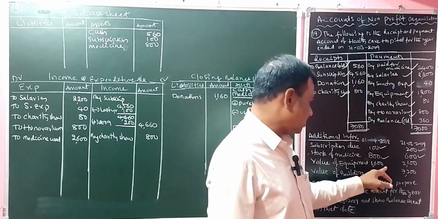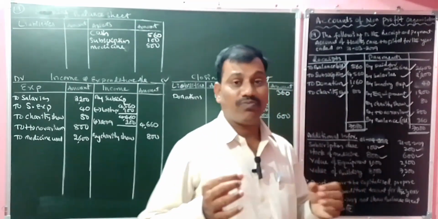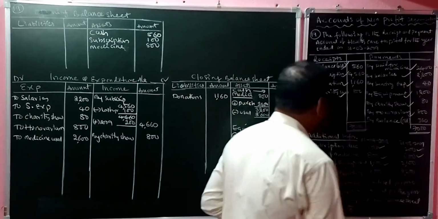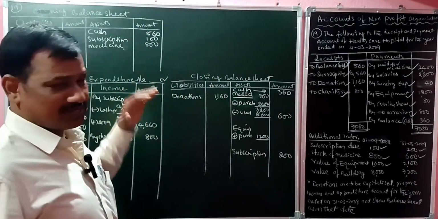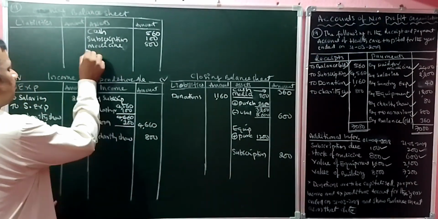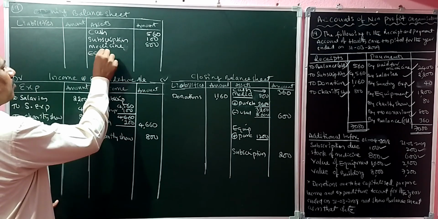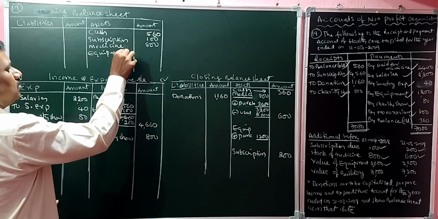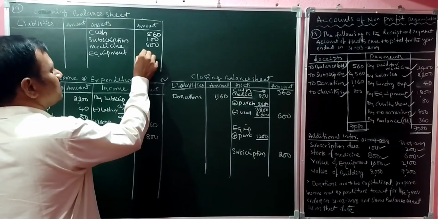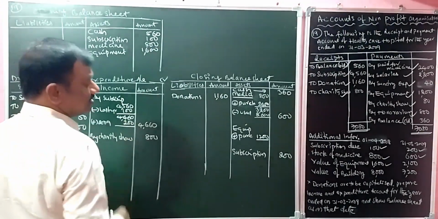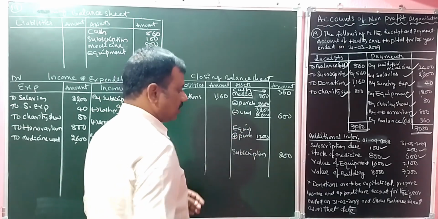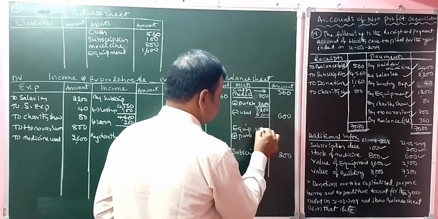Value of equipment 1600. Value of equipment is also two times. First time opening balance sheet asset side, second time closing balance sheet asset side. Equipment. So how much value is given? That is 1600. 1600 first time. Second time closing balance sheet asset side, already we have written equipment. So here 1600.